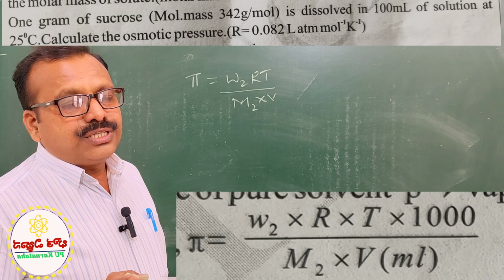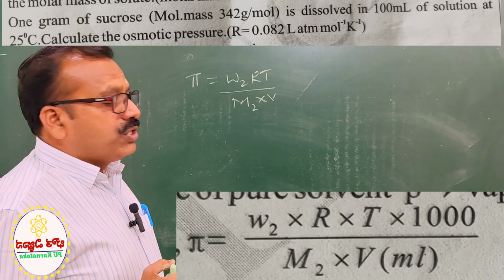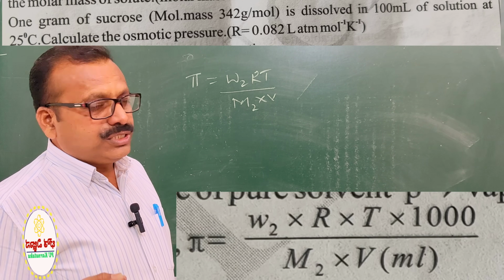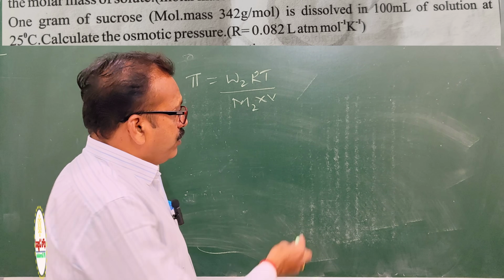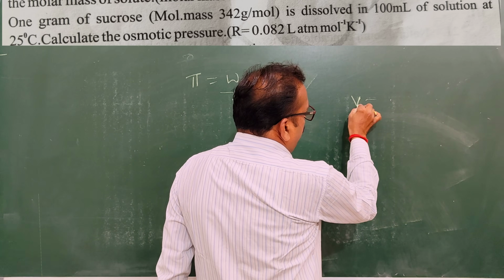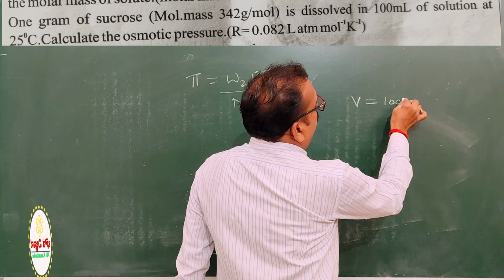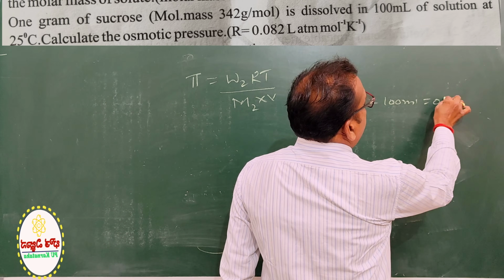T is the temperature. Temperature you have to convert in Kelvin scale, because SI system we are using here. M2 is the molar mass of solute, V is the volume. Here given you have to write volume, they have given 100 ml. 100 ml means you have to convert in liter, that is 0.1 liter.